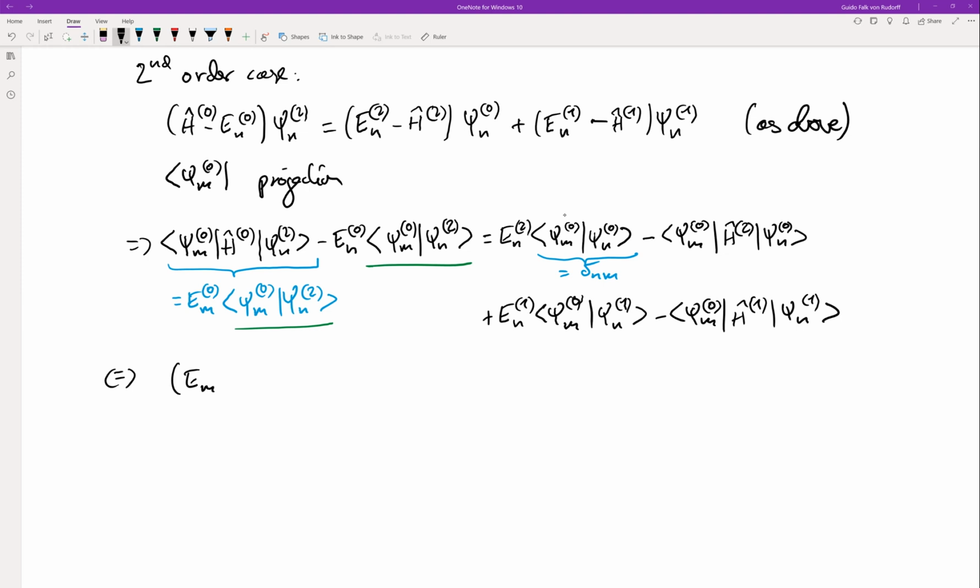So we have Em0 minus En0 times psi m0 psi n, the second order perturbed psi n. That's what we had on the left side. And now we can shorten the right-hand side a little bit by saying this is the Kronecker delta plus En1 of psi m0 psi n1.